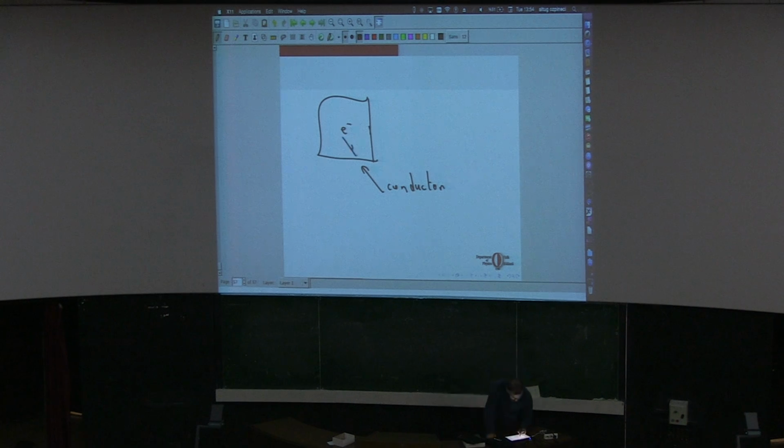They can move like this, move in that direction, etc. But they are not free to go out of the conductor. If the electron tries to move out of the conductor, then the conductor will exert some force on the electron to pull it back. So the conductor itself exerts a force on the electrons that is perpendicular to its surface.